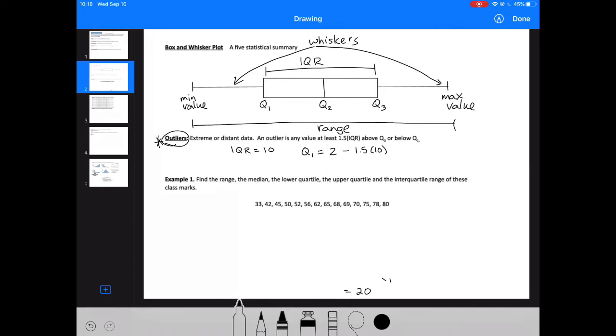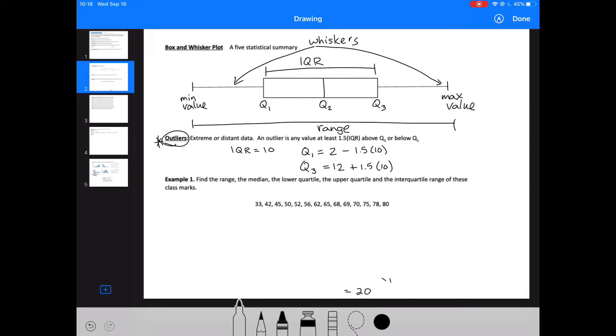And Q3 would start with, let's say, 12, and we would add 1.5 times 10. So that's 15. So if you had a value in your data set above 27, that would be considered an outlier, or a value below -13.